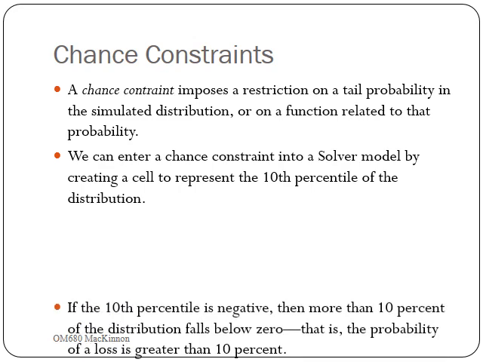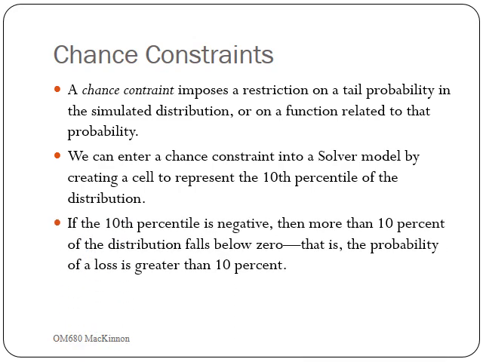If the 10th percentile is negative, then more than 10% of the distribution falls below zero. In other words, the probability of a loss is greater than 10%. So we can set a constraint so that we choose a decision variable that puts the probability at less than 10%. And this is what it's going to look like in the next slide.